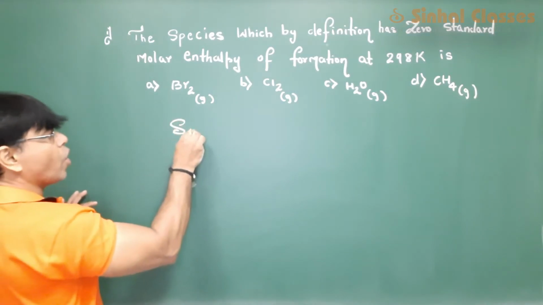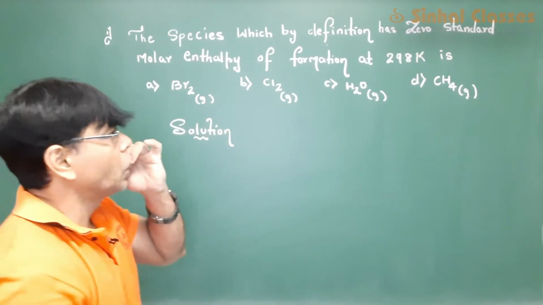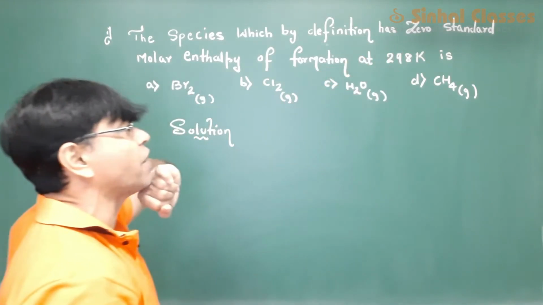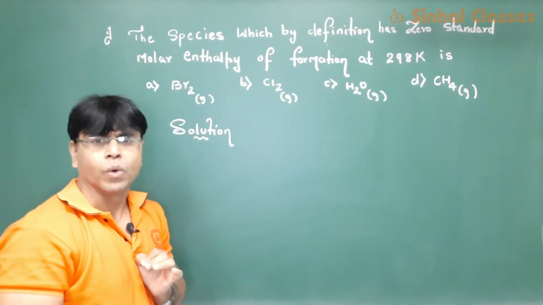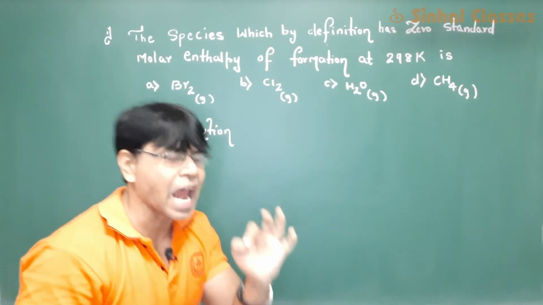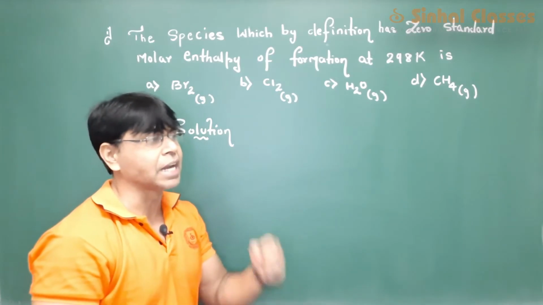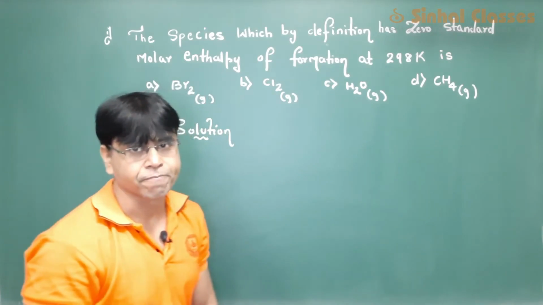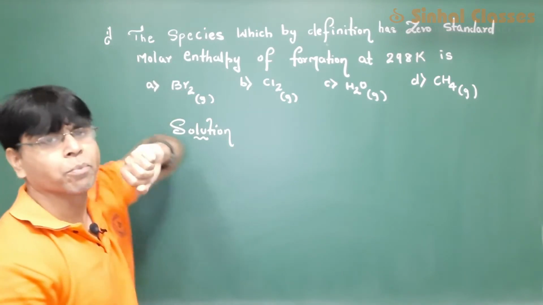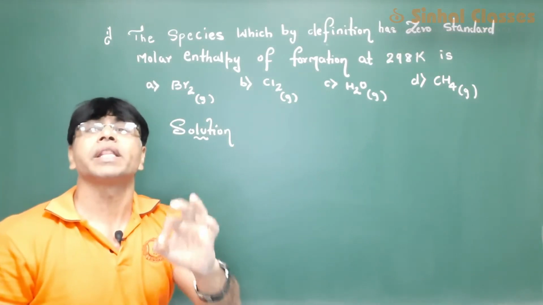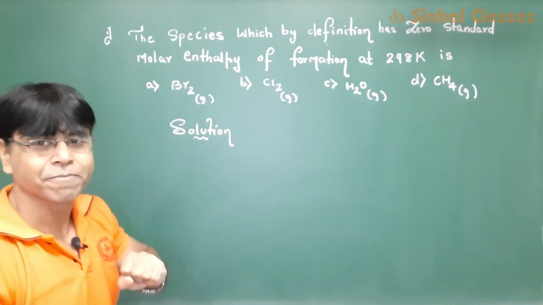Now we all know that standard enthalpy value will be 0 for those elements which exist in standard state, found in nature in that original form. Now look at bromine. We all know bromine is found in the liquid state and not in gaseous state. So this cannot be your answer.